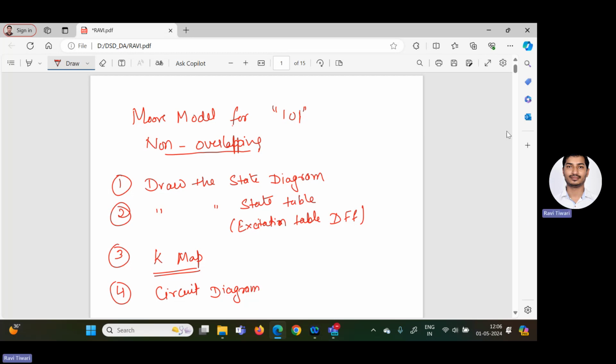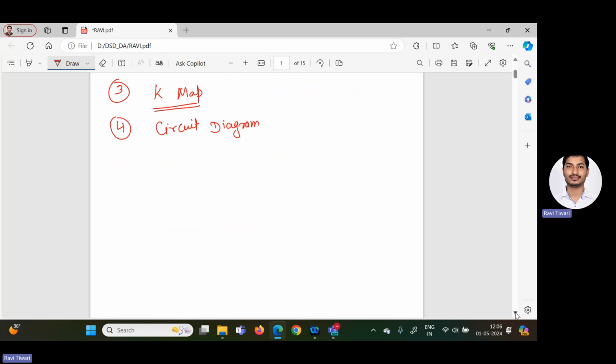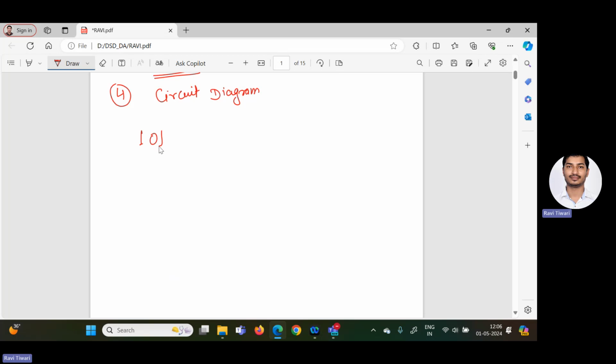So now let's see for this particular question how to start making the state diagram. And the state diagram is actually the most important part in case of the Moore model. So let's see for 101 how we can make a Moore model. Here the state diagram starts with the initial state A, and we have to write down the output also.